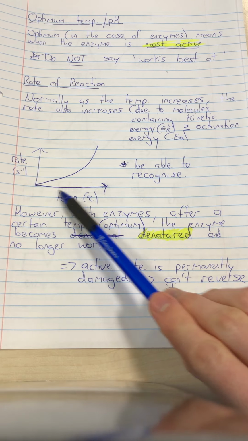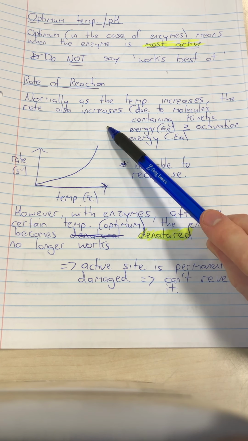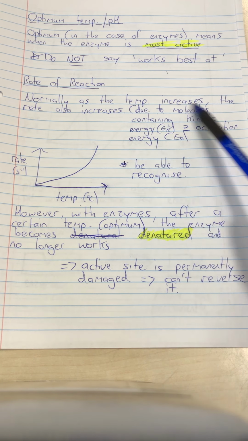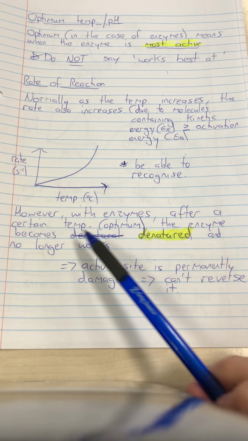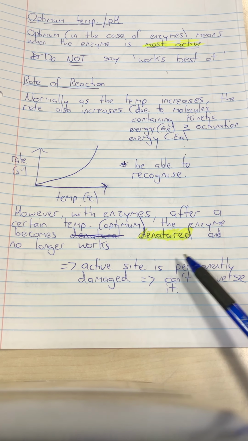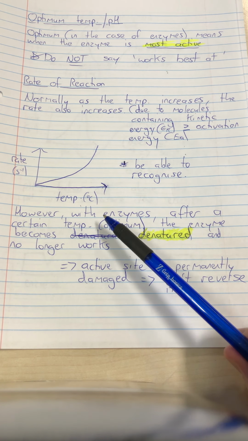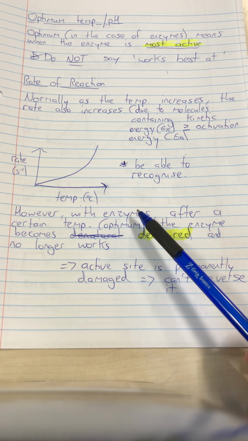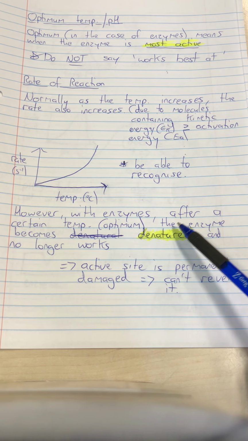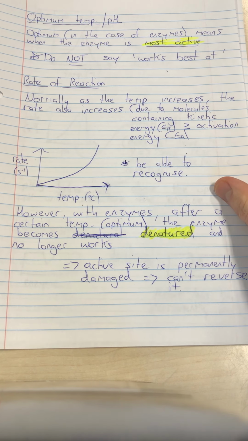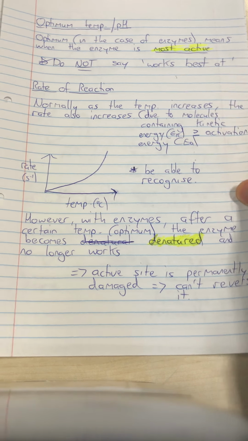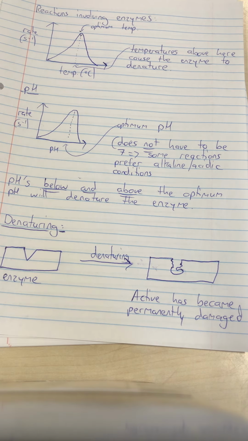As we increase the temperature, the rate of reaction increases, and it's due to molecules now containing kinetic energy greater than or equal to the activation energy. Enzymes are a bit different. After we reach temperatures above the optimum, the enzyme becomes denatured, no longer works, and you're going to get a lower rate. The active site is permanently damaged.